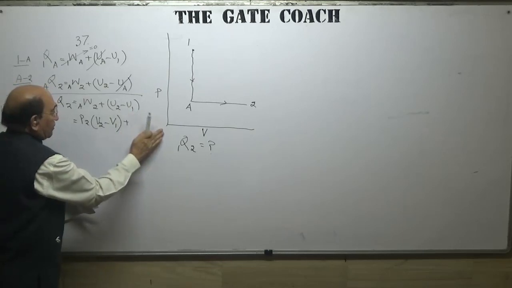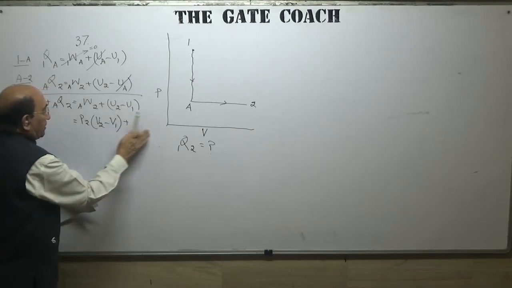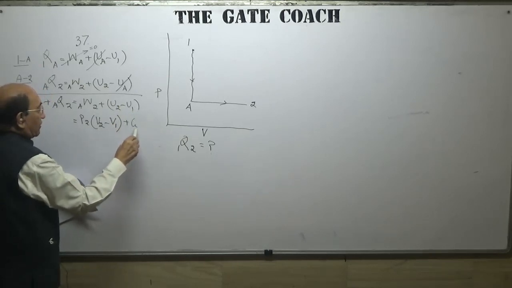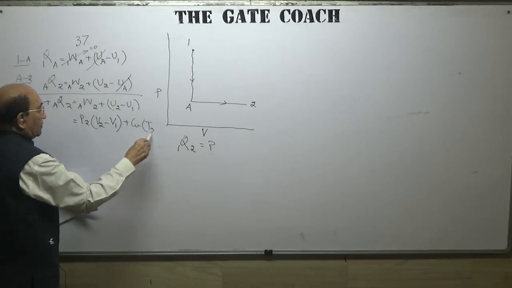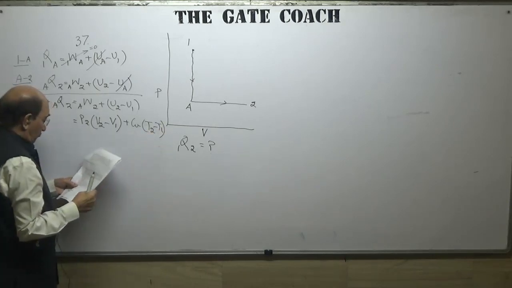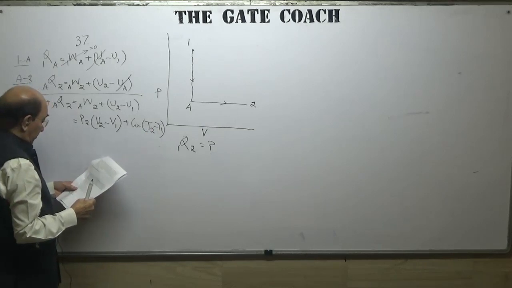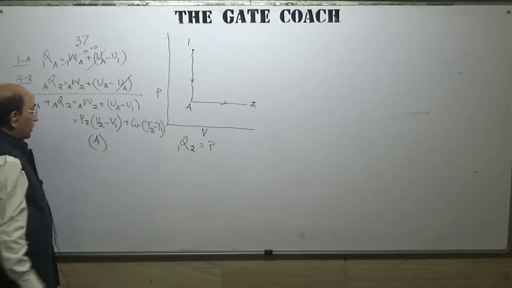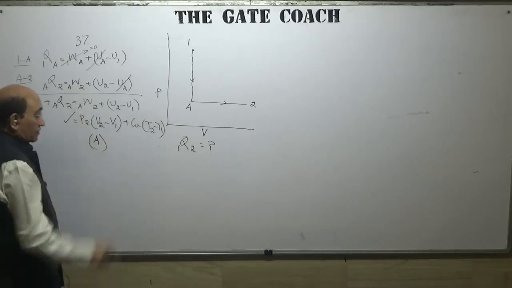Change in internal energy is independent of the process, depends only upon the initial and final conditions, and that is Cv into T2 minus T1. Thus, if you see, choice A is correct.